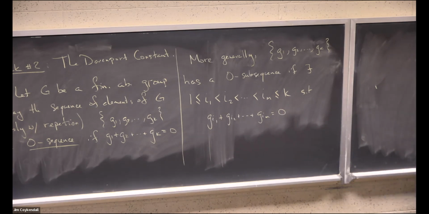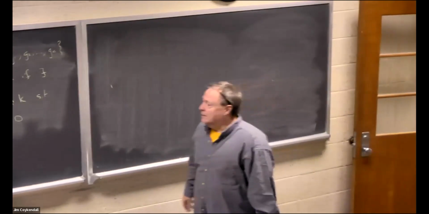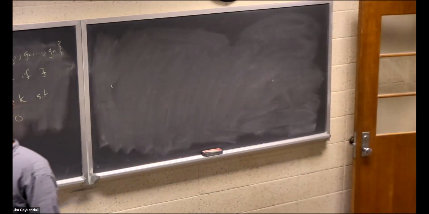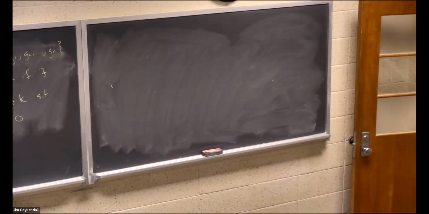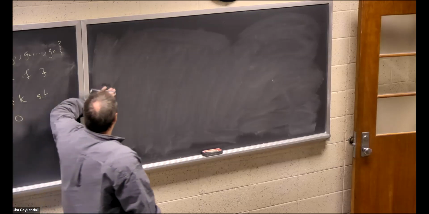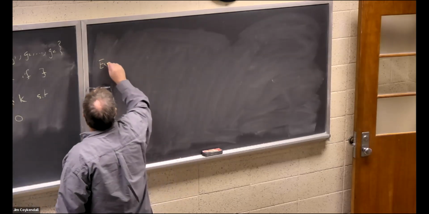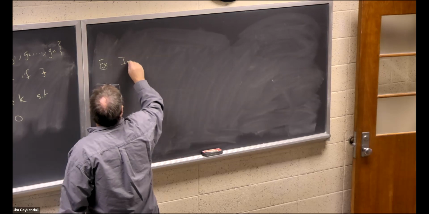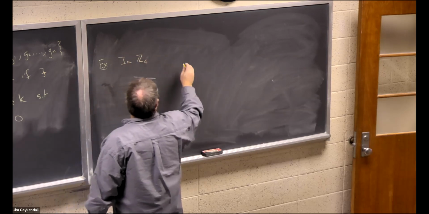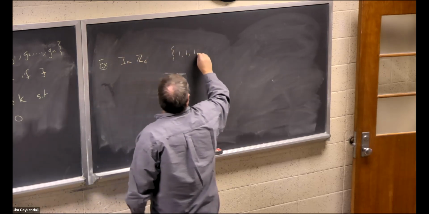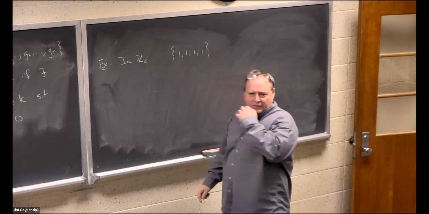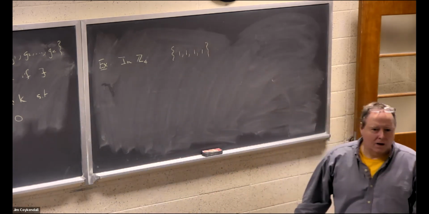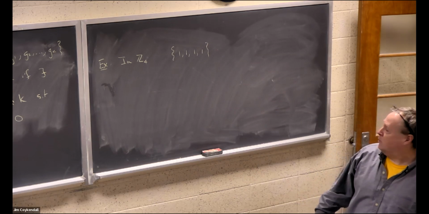So for example, if you have a zero sequence, it certainly has a zero subsequence, right? Because the whole thing adds up to zero, so you can just take that subset, or it might even have a smaller zero subsequence. So for example, that is a zero sequence right there.